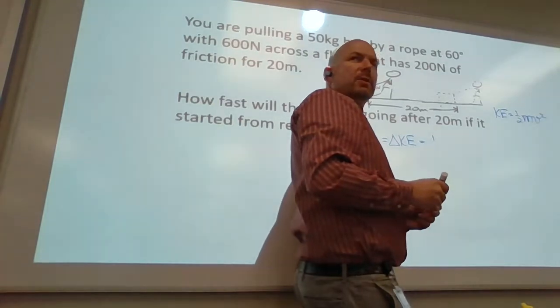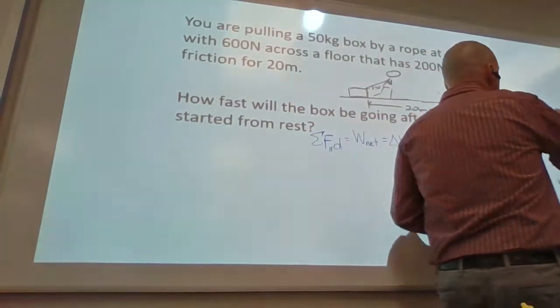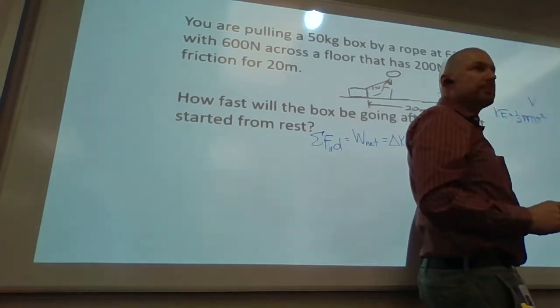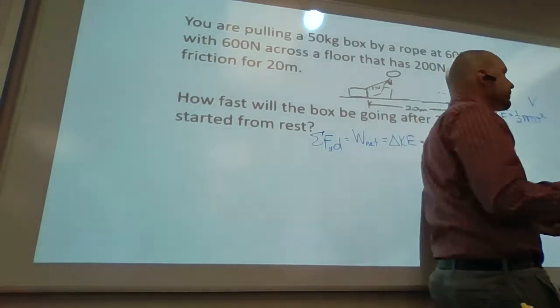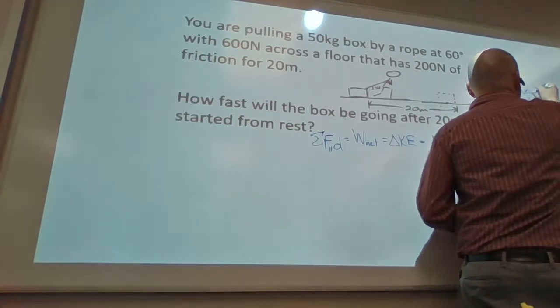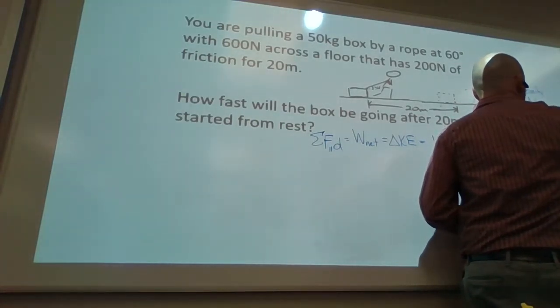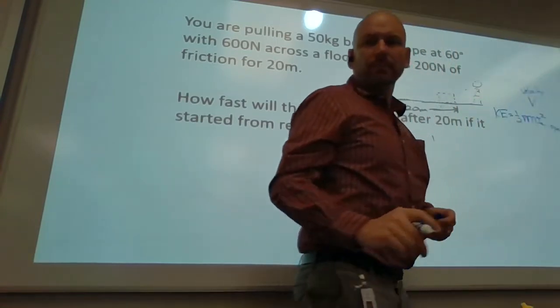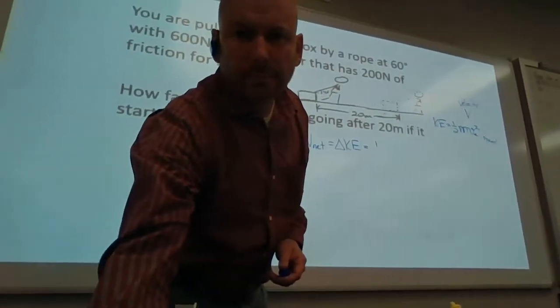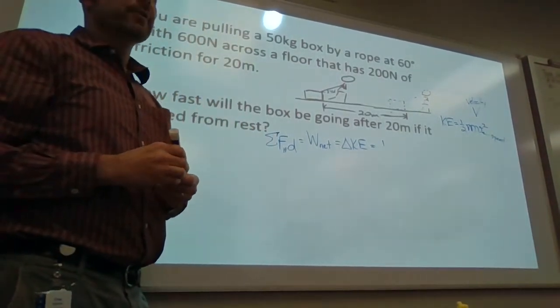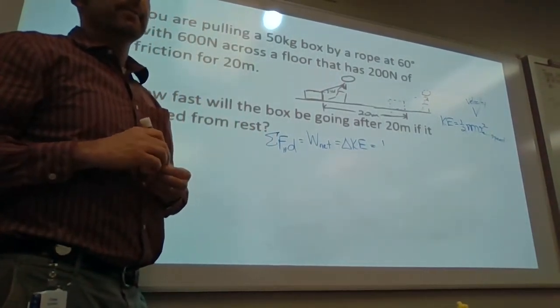Can't remember, was there a distinction between this V and that V in the video last night? This is for velocity. This is for speed. Okay. What's the difference? Tell your neighbor.